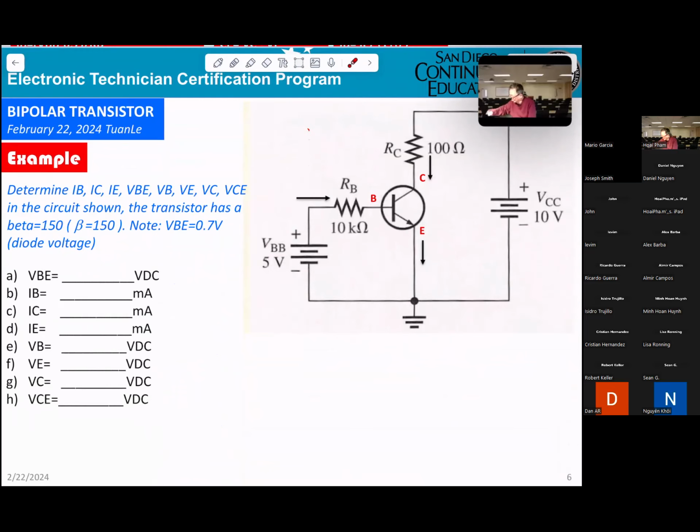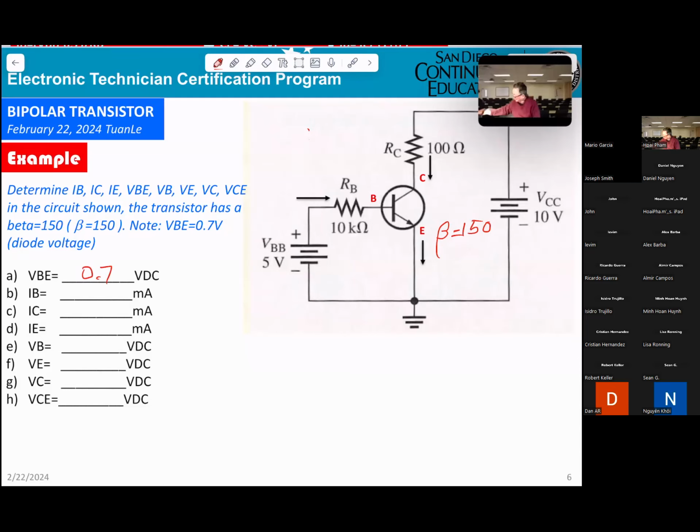And they gave you beta at 150. VBE is 0.7.